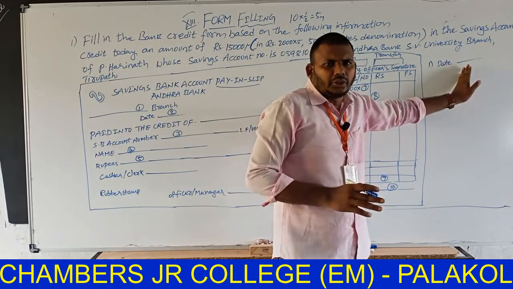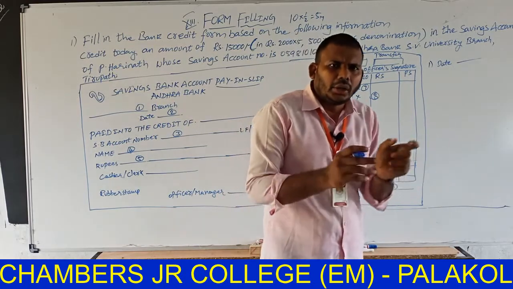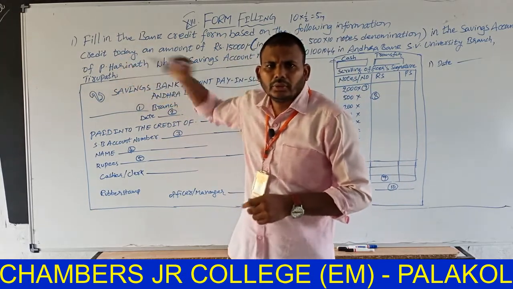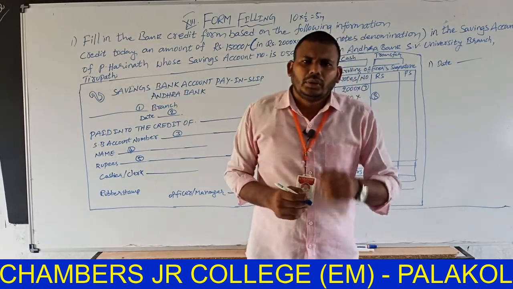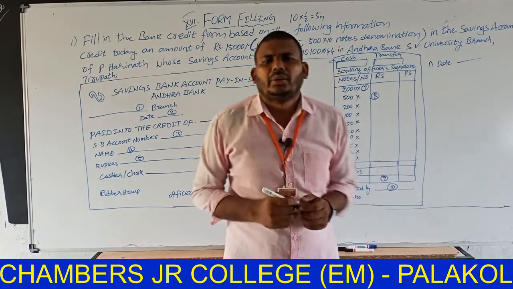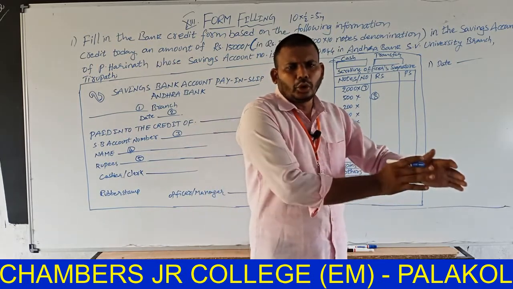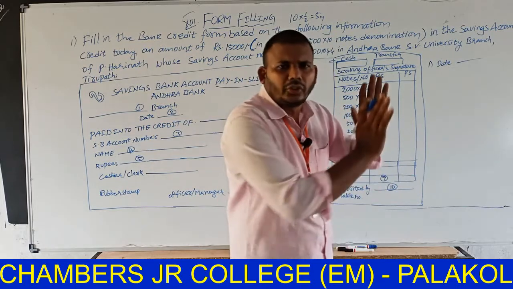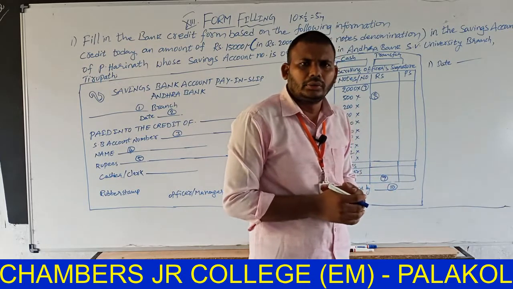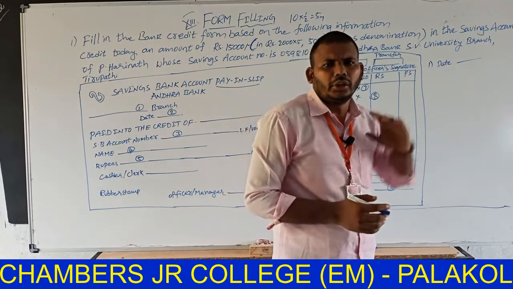If the date is not mentioned, sometimes the question will be asked like credit today. So today means the day or the date on which you are writing the exam. If you are writing your exam on 3rd March 2021, you just write the same date, March 3, 2021 or 3/3/2021, like this.